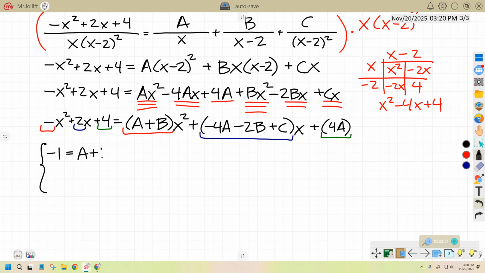A plus B. Gold star. Very good. Jordan, what's the blue equation going to look like? Where's the blue on the other side?